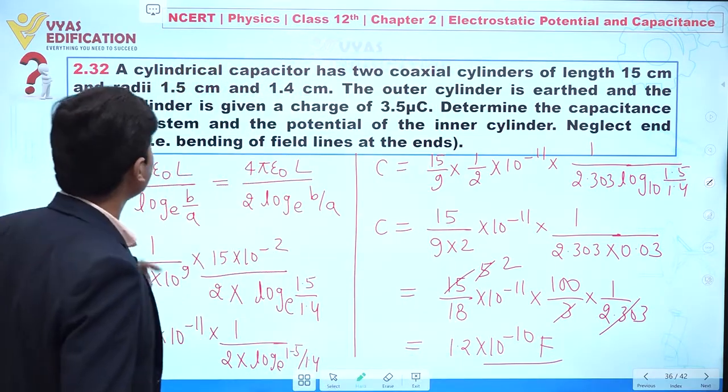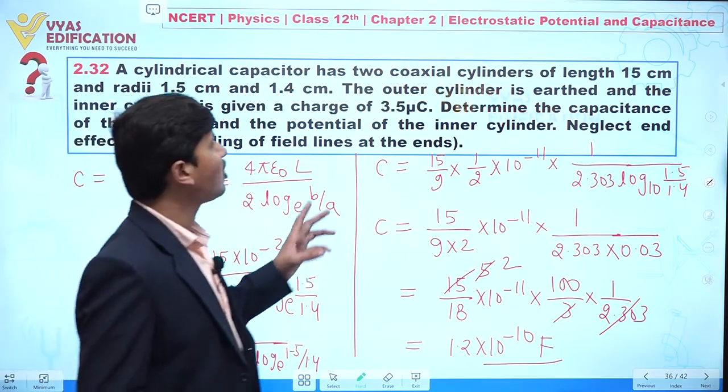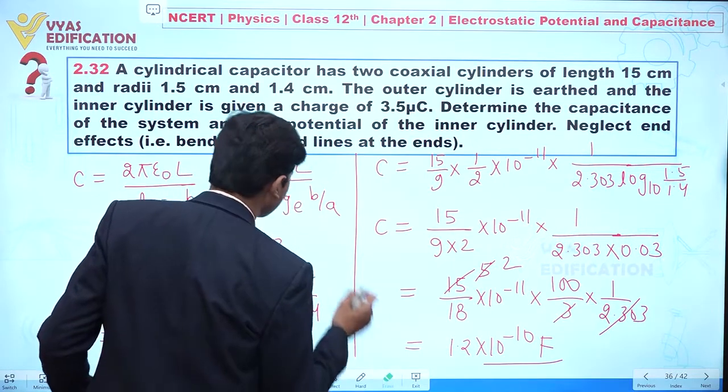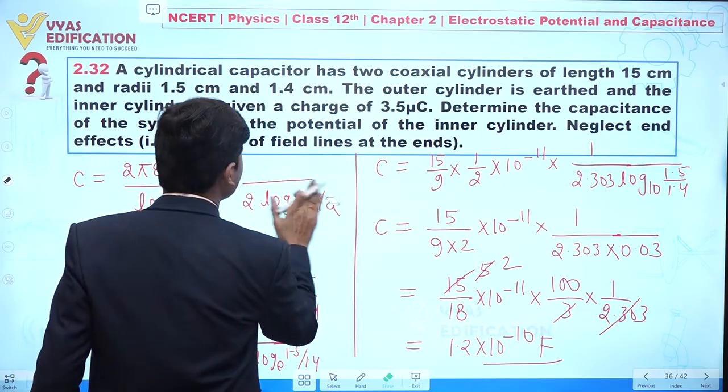Now the second question asks you to find the potential of the inner cylinder. So how can we calculate potential? Listen carefully.